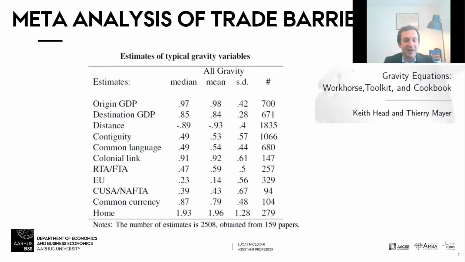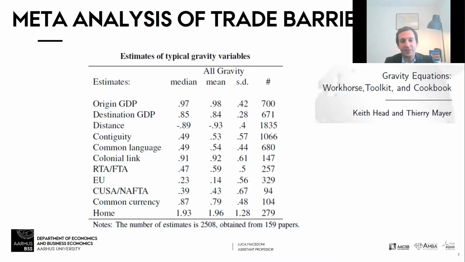So you see here very nicely that origin GDP and destination GDP have very similar coefficients, pretty close to 1. Distance has a coefficient of minus 0.8, so that's quite big. So that means that if you double the distance, you reduce the exports by about 90%, up to the log approximation. Then we have a variable called contiguity, which equals 1 if two countries share a border.